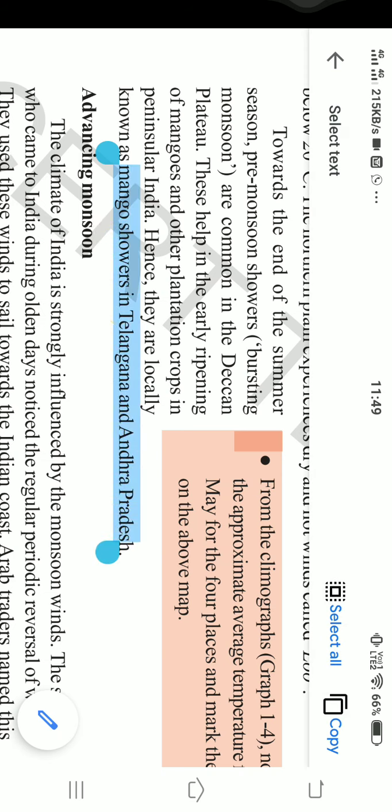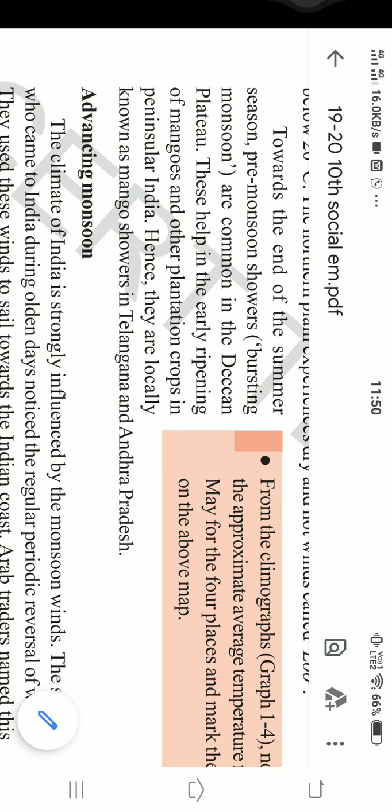In Andhra Pradesh and Telangana, there is rainfall before the beginning of the rainy season, or the end of the summer season, called pre-monsoon showers. Monsoon starts by June. So before the monsoon starts, rainfall takes place, that is called pre-monsoon showers.